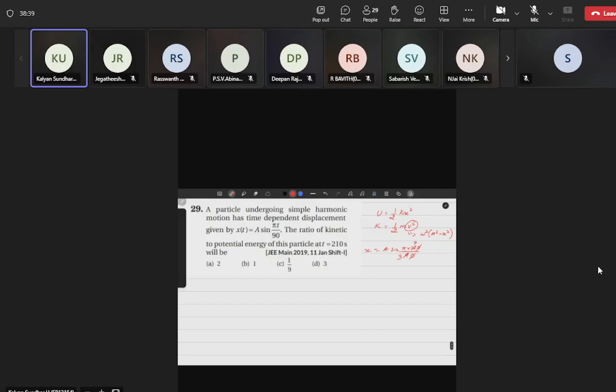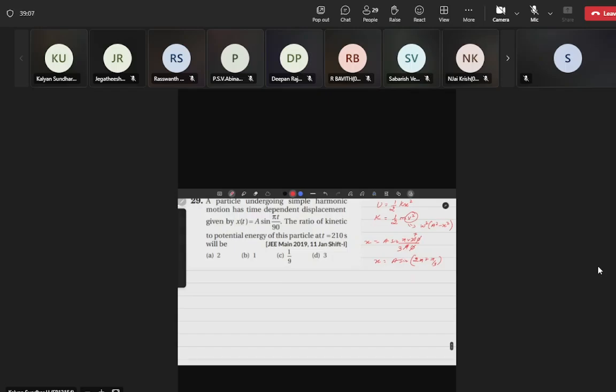Now a sine 7 pi by 3, I can write it as a sine of 2 pi plus pi by 3. So your x will be a sine pi by 3. Correct?